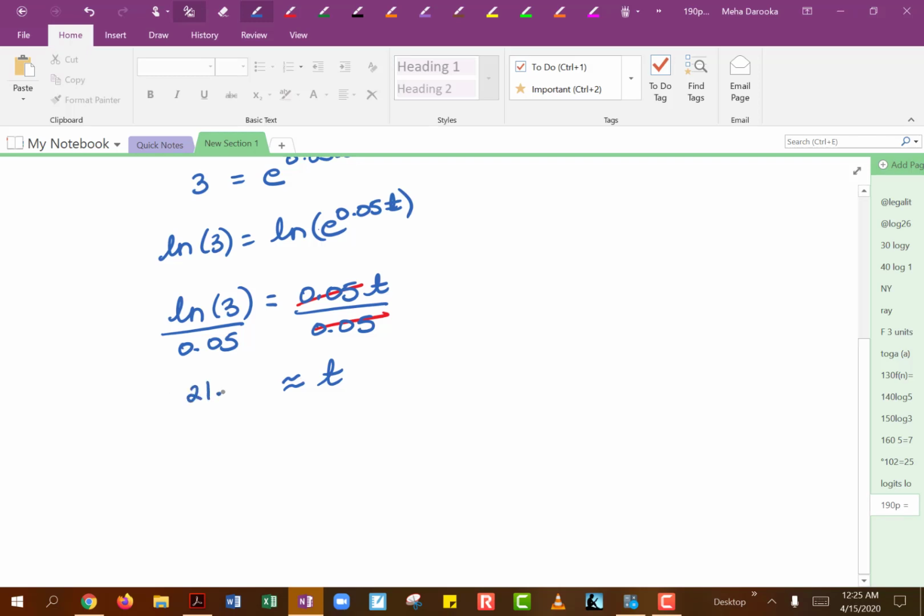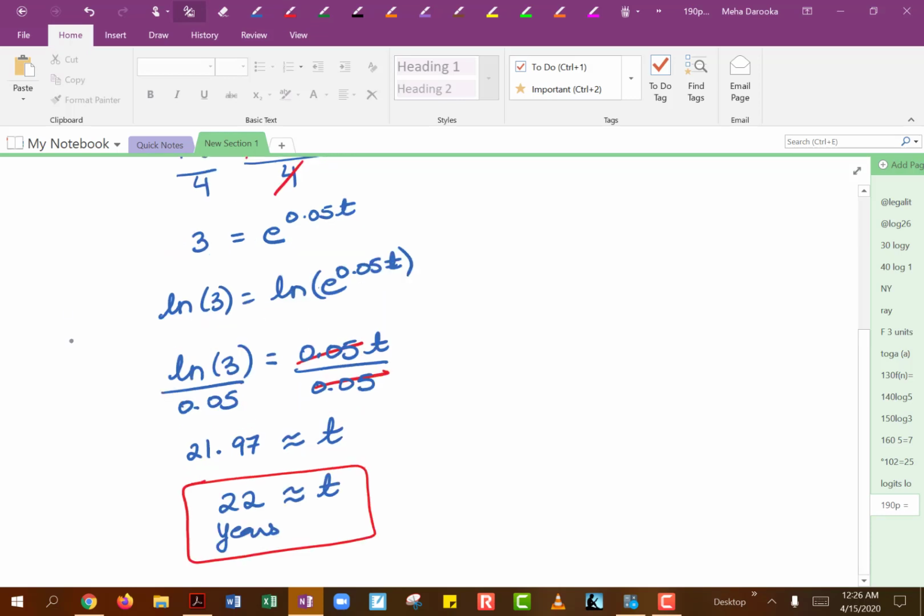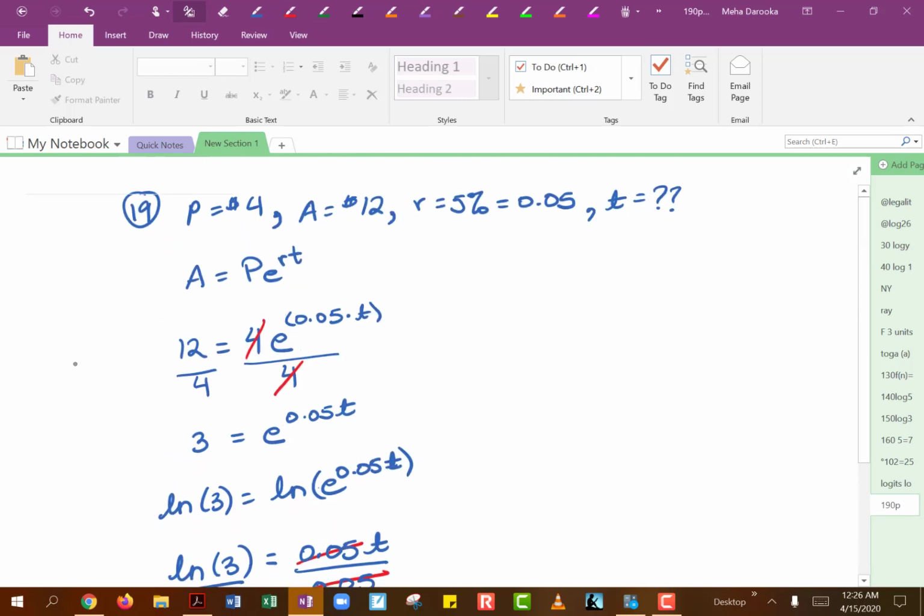But if you want to round it up to a whole number, you can actually say this is going to be approximately 22. And of course time is always in years. So we are saying for our money to grow from $4 to $12 at an interest rate of 5%, it's actually going to take 22 years.